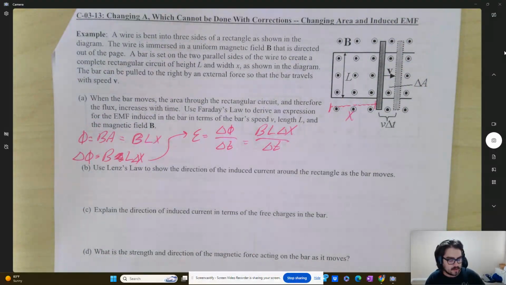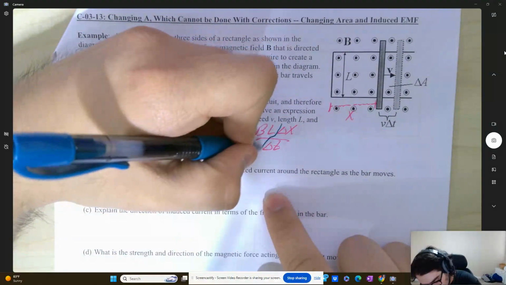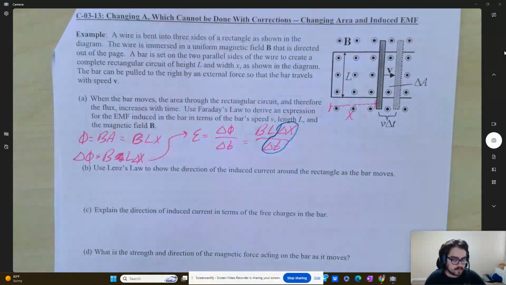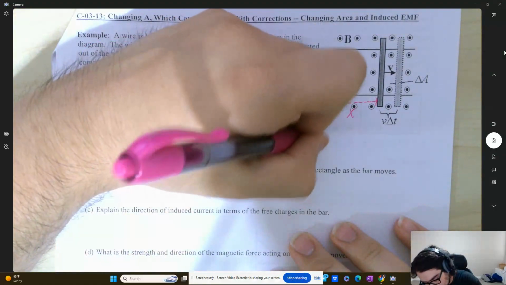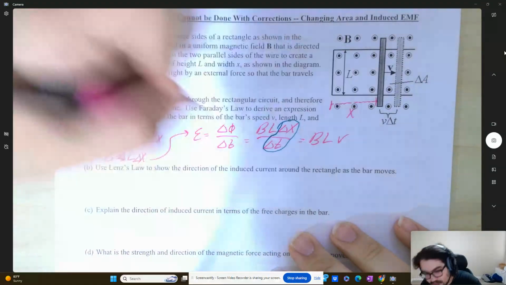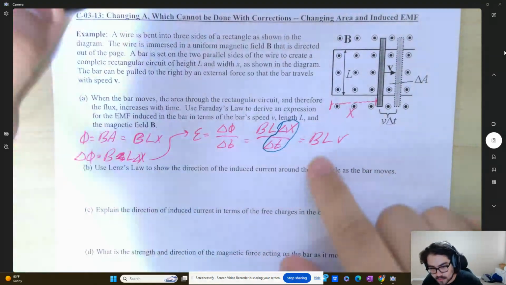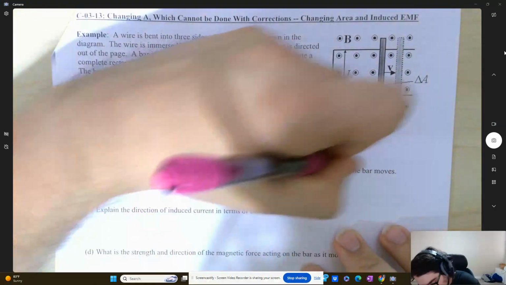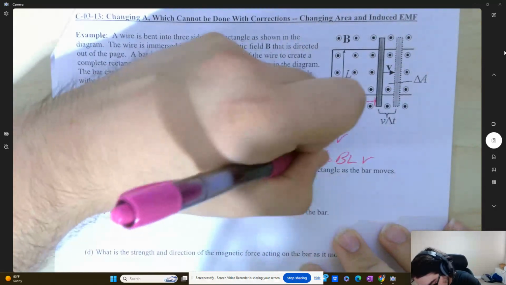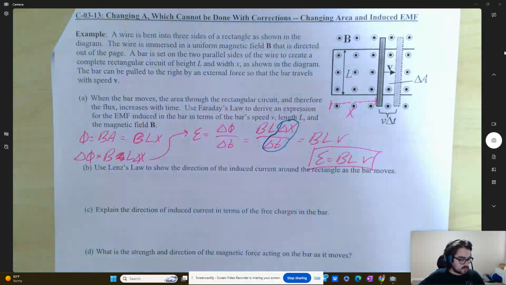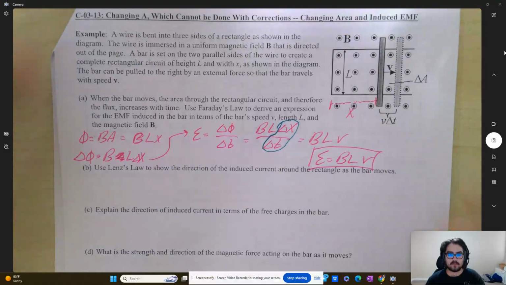Do you notice we have delta X over delta T? That's a quantity you should know. That's velocity. So this will end up being B times L times V. That's the whole equation, that's all you need. It's epsilon equals B times L times V. Nothing too crazy about that. That derivation is pretty straightforward.